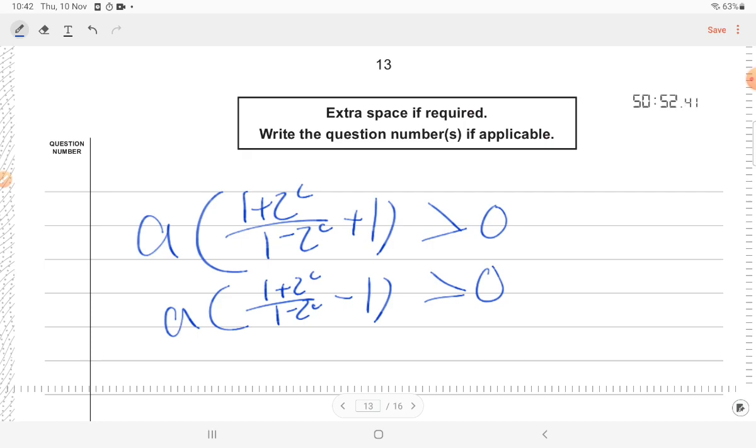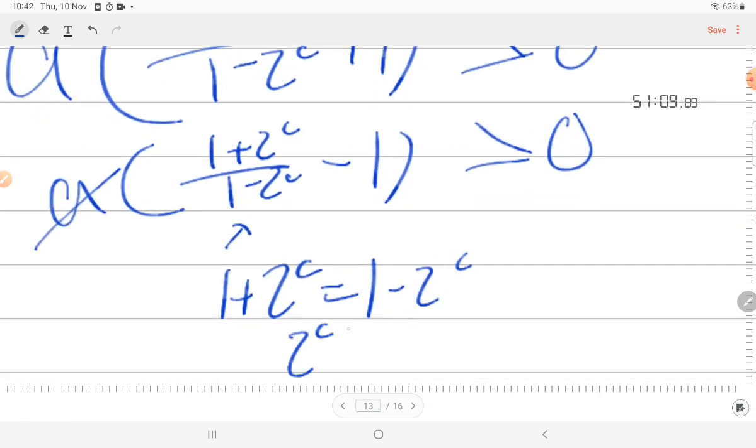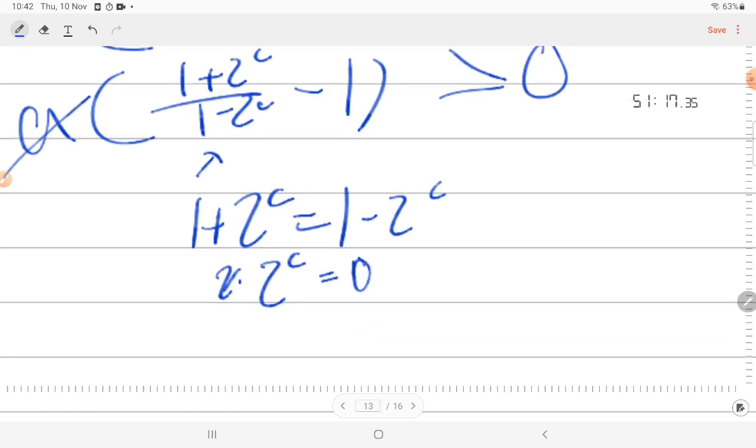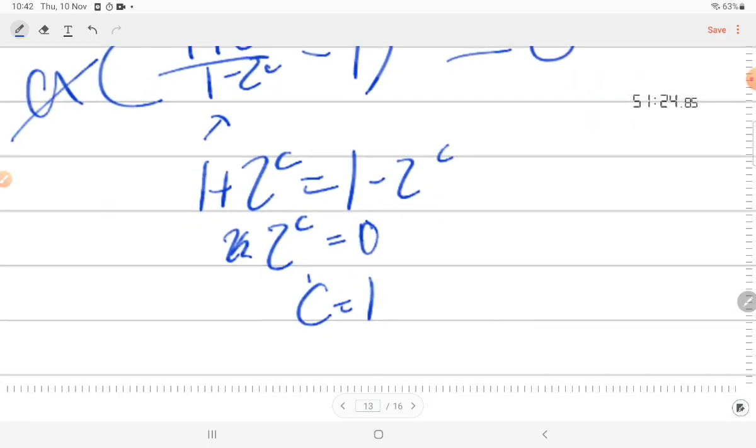Because we have to be really careful when we're cancelling things out. Let's just use this for example. If we just cancel these out, 1 plus 2 to the c is equal to 1 minus 2 to the c, then 2 times 2 to the power c is equal to 0, 2 to the power c equals 0. No, log of 0 is not possible.